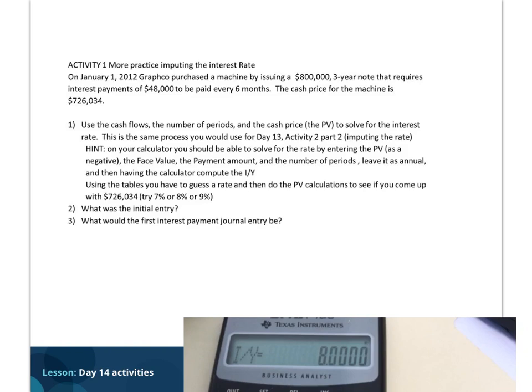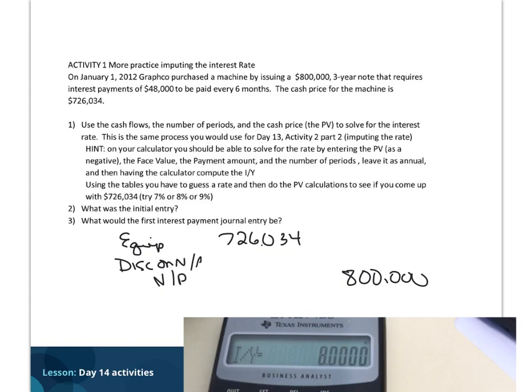The second part of this activity, which is a pretty quick one, was asking you what that journal entry looked like when we first bought the machine. And so when we did that, we would have debited equipment for the 726,034, and we would have credited notes payable for 800,000, and the difference would have been a discount on notes payable.